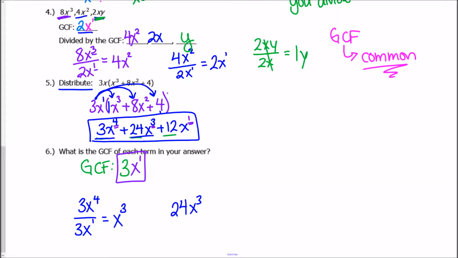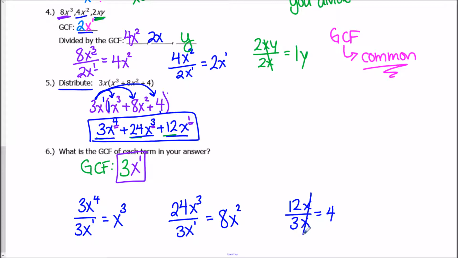Right here. I'm going to divide that by my GCF. So 24 divided by 3 is 8. x to the power of 3 divided by x to the power of 1 is x to the power of 2. And then the last term we have here is 12x. And I'm going to divide that by 3x. And 12 divided by 3 is 4. And the x's cancel each other out.